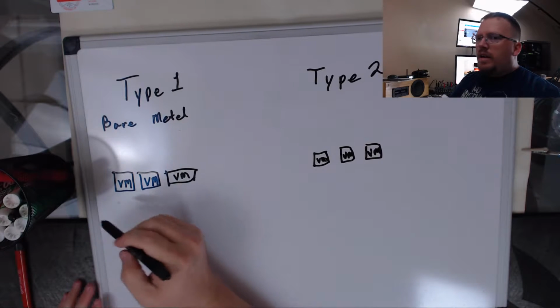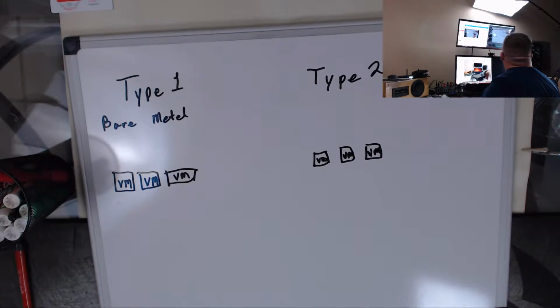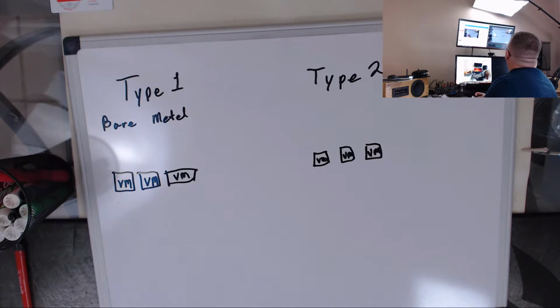In an actual system, that light's kind of dark, so I'm going to change that up real quick. There we go, and hopefully that helps with light in the foreground.